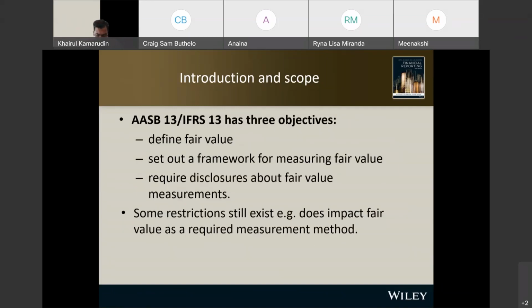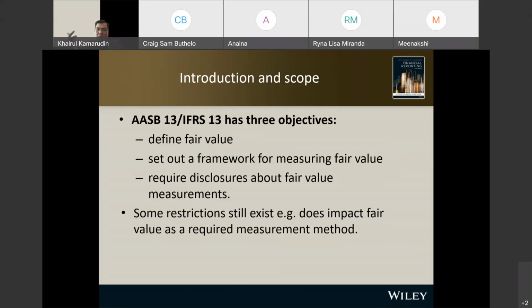AASB number 13 or IFRS number 13 has three objectives. The standard is going to define what is fair value. What is meant by fair value? Second, set out a framework for measuring the fair value. How to measure fair value?